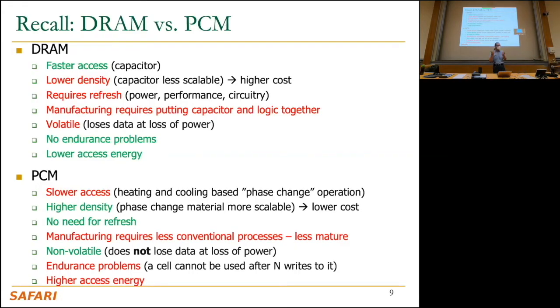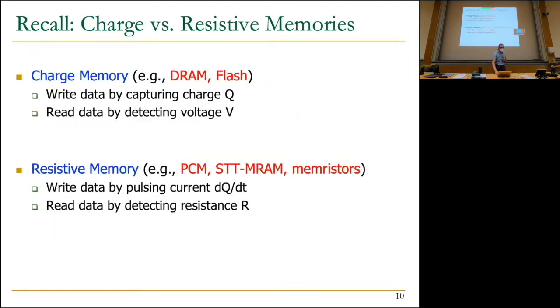So it could actually serve both parts, if you will. So in that sense, it's actually a nice technology going forward. But as we discussed, it's slower access, even though it's higher density. So this is a very fundamental trade-off, access latency versus density. You cannot get both, let's say, at the same time. And that's going to be why we're going to build a memory hierarchy as well.